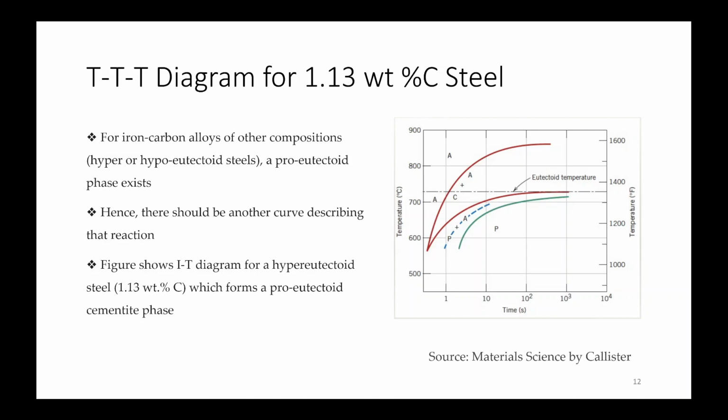In white cast iron, you will be forming cementite, but in the case of grey cast iron, where you will be forming graphite, that will follow the iron carbon diagram.